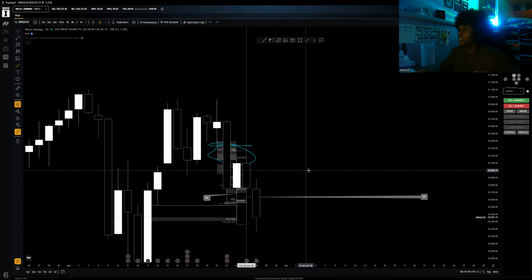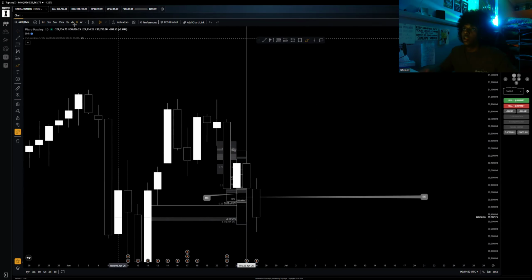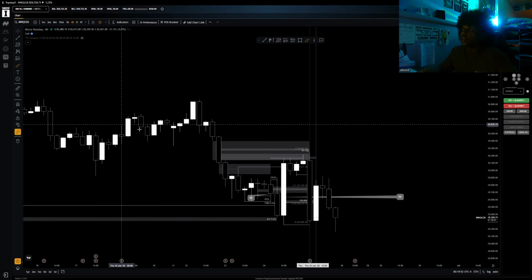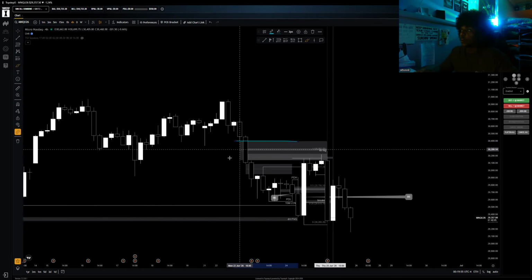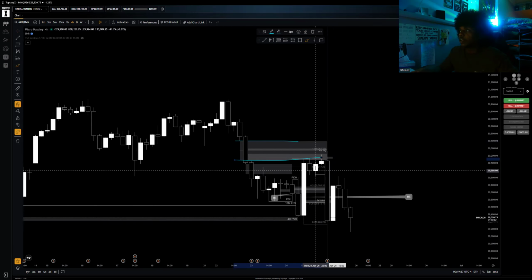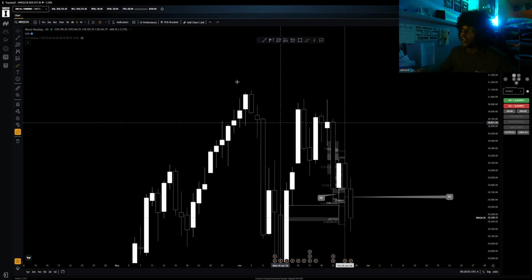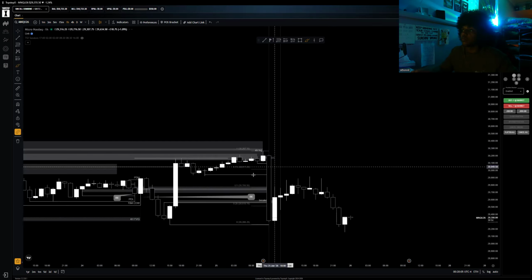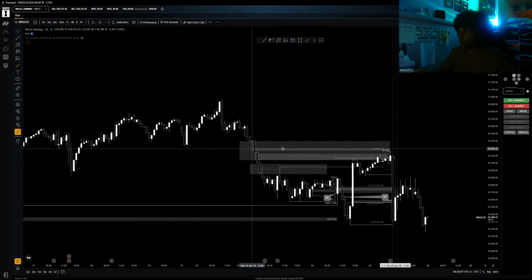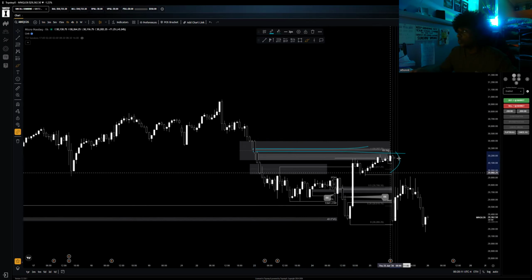So that's pretty nice. And as you scale down to a 4 hour time frame, we got a 4 hour fair value gap, and price is actually rejecting again. So that is another thing. And when you go to the 1 hour time frame, as you can see, we have a precise rejection for this move before 9:30.